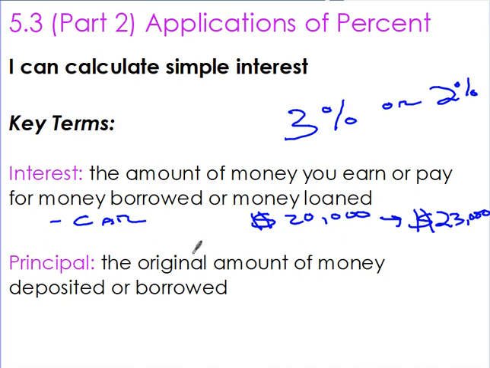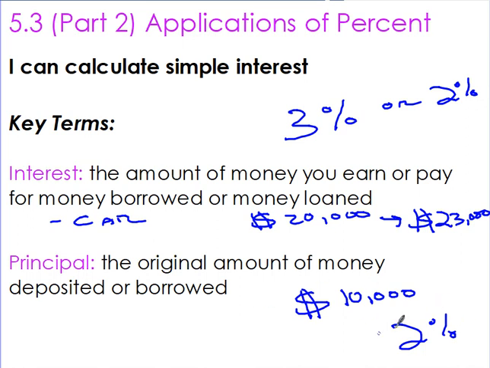Or if you put money in a savings account, you can also earn interest. I'll use $10,000 this time. Let's say I put $10,000 in a savings account that I don't touch, and it earns 2% interest over a certain amount of years. That means I'm earning 2% interest just for giving the bank my $10,000.